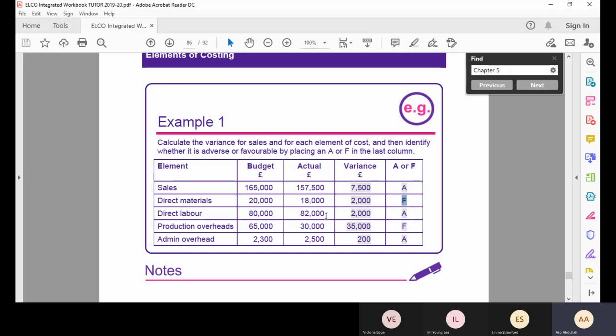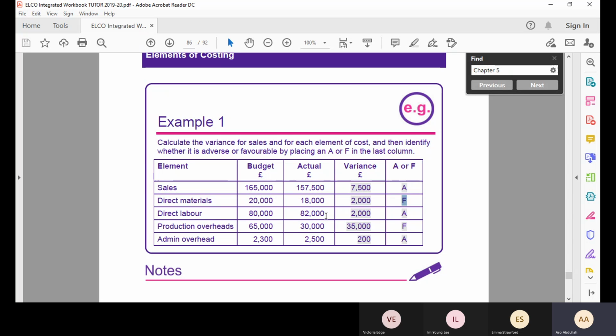Then the last one, production overhead. This is a significant difference between budget and actual. It is a favorable variance, and usually the variances should not be that great, because this is a concern.